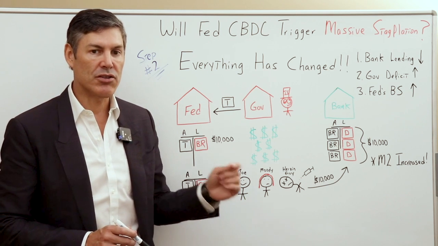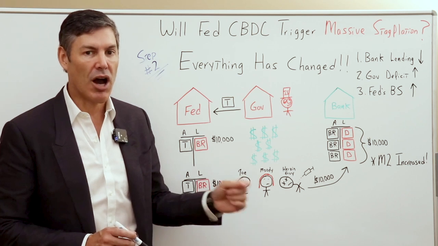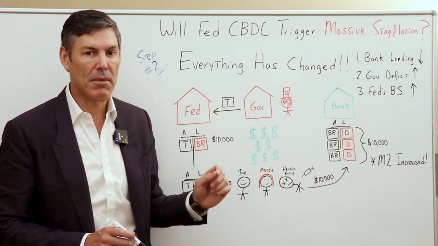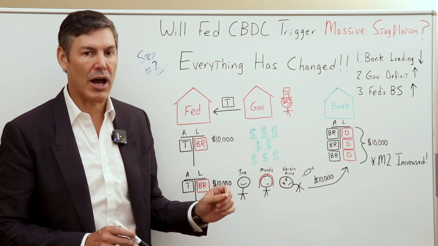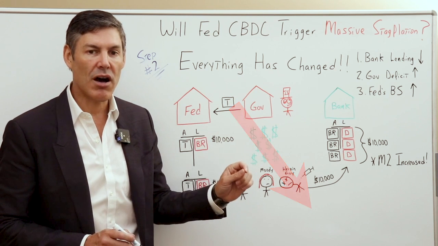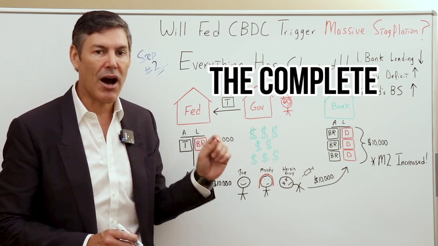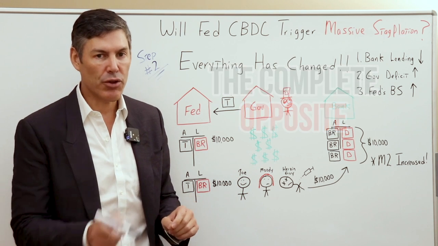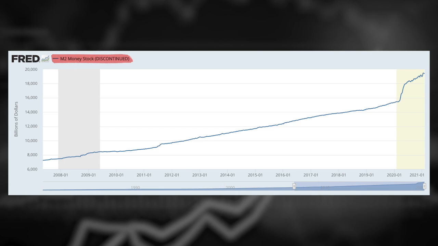So you would assume that the amount of dollars in the system measured by M2 money supply would also go down. But what we saw is the complete opposite. Editor, go ahead and throw up the chart of M2 money supply, where you'll notice that the amount of dollars in the system using this measurement increased by 25% in 2020 alone.